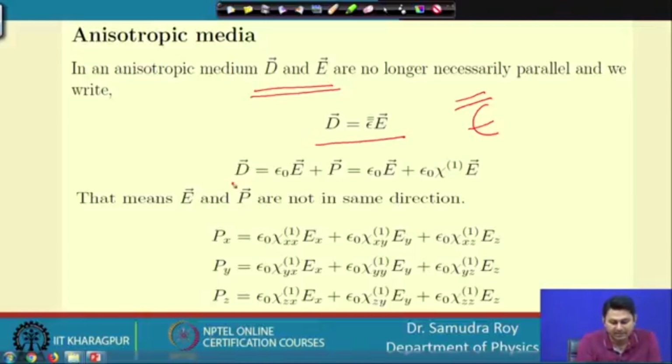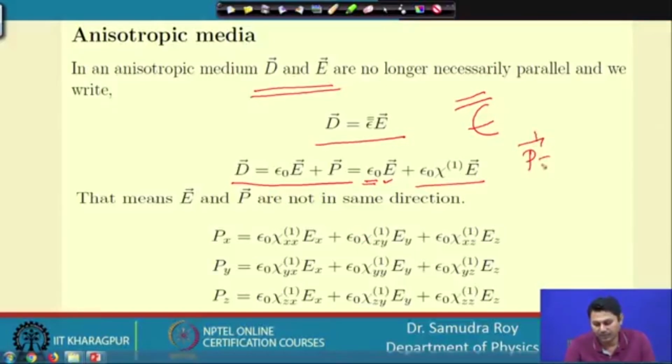So, you can see why it is complex. Now D is equal to epsilon 0 E plus P, where P is the polarization, epsilon 0 is scalar, then E is there, and P is now related to E. So, P we know is epsilon 0 chi 1 and E. So, P and E are related by this expression, but if I say D and E are not parallel, that means these quantities are not scalar.